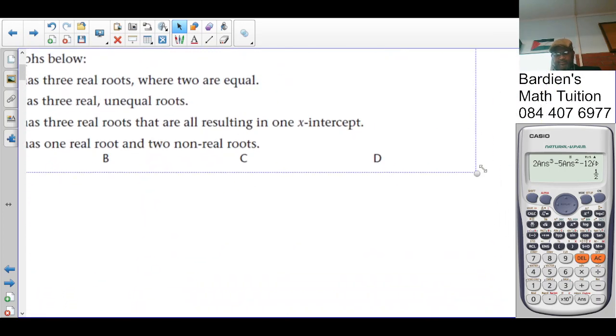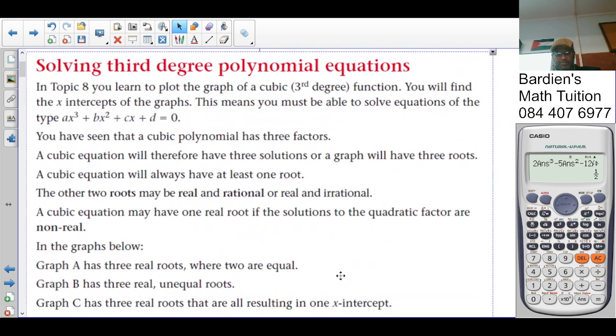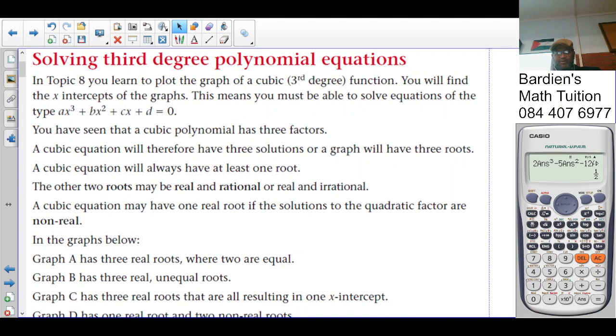Your next heading, solving third degree polynomial equations.